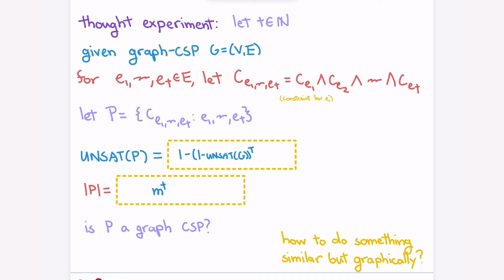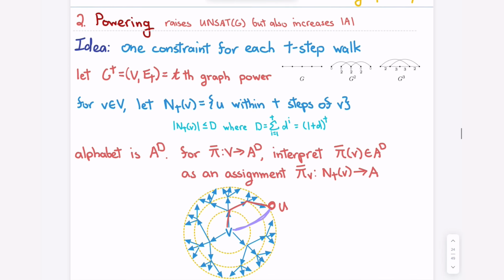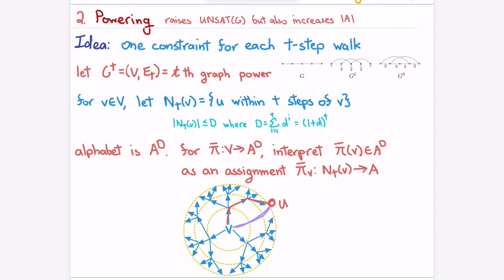Now the only issue with this is that if you started with a graph and I just willy-nilly pick T at a time, you will not end up with a graph. You'll lose this graphical property. To this end, what we want to do is a sort of graph power.